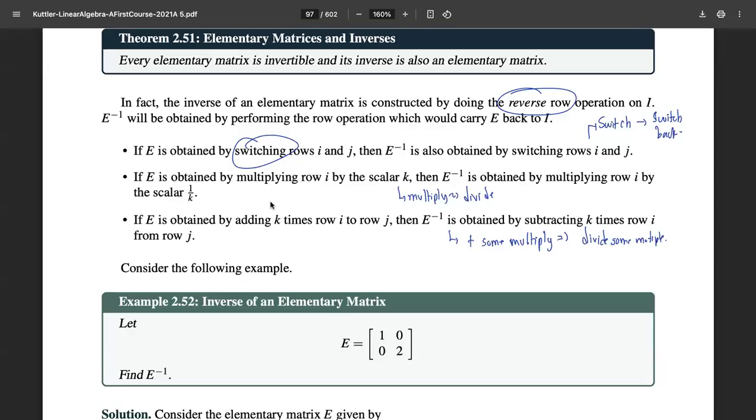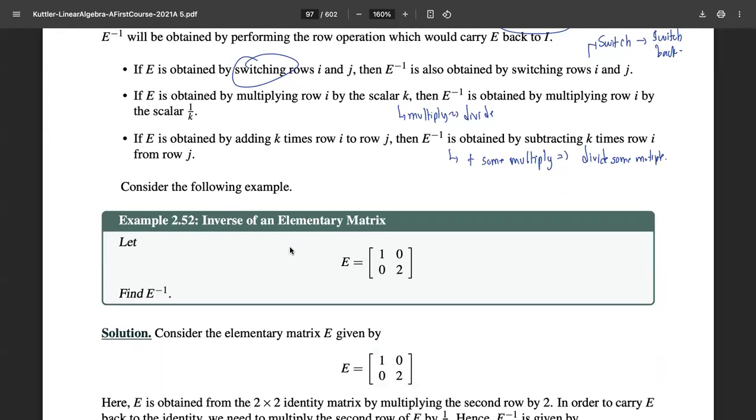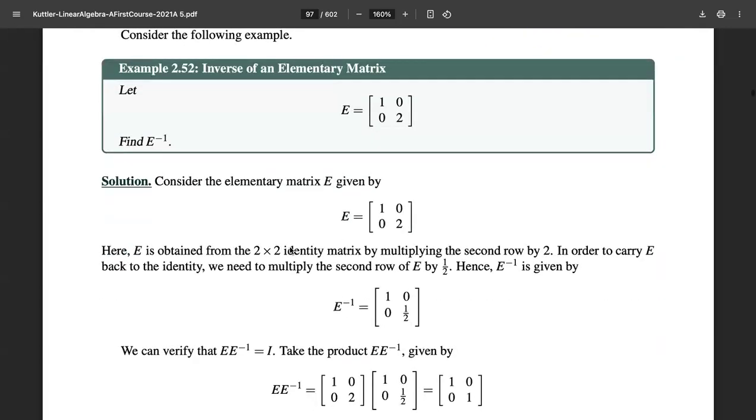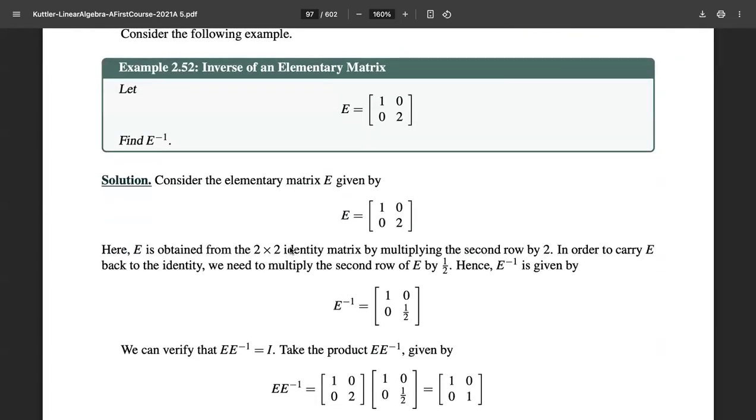Okay, cool. So this is how we obtain the inverse of elementary matrices. Let's look at example 2.52. Here we start with the identity matrix I, 1 0 0 1, and we can see how we get E: I multiply row 2 by 2.